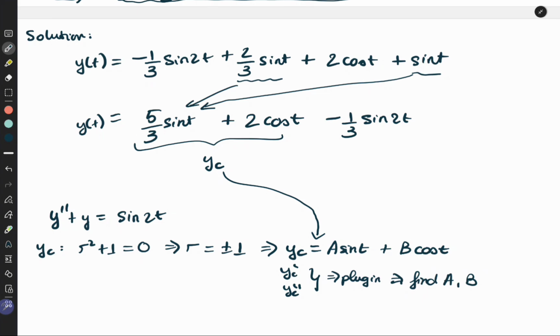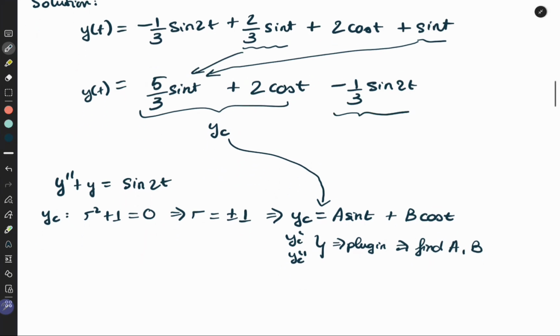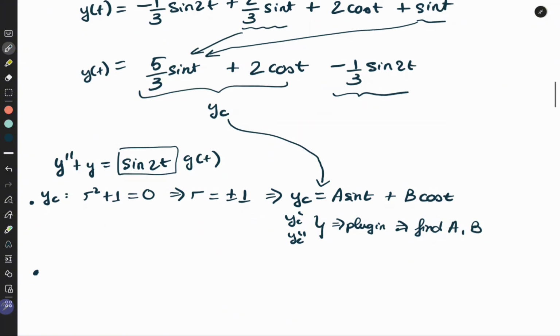See that? How about this last term, that negative 1 over 3 sine of t. Then go back to this one. What is the next step after you find the complementary solution? This is g of t, right? That's g of t. Then you're going to find a particular solution by guessing, or assume the particular solution has something similar to sine of 2t.